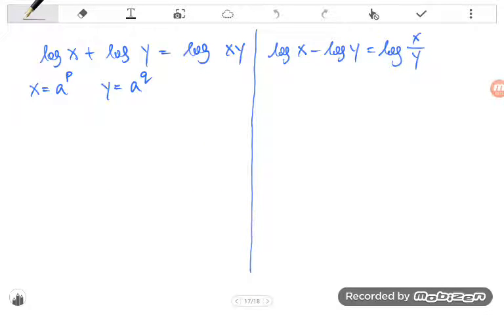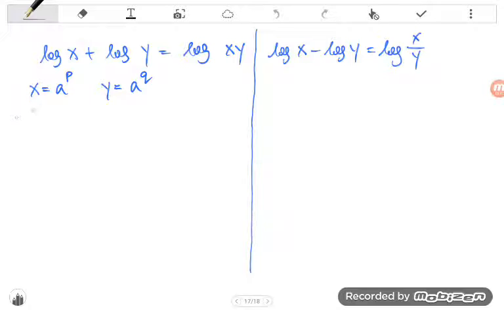But in this video, I want to focus on how these laws come by, and they are actually pretty interesting. Okay, so let's start with the first one: log x plus log y is equal to log of x times y. So I'm going to start out by setting x equal to a to the power of p, and y equal to a to the power of q.